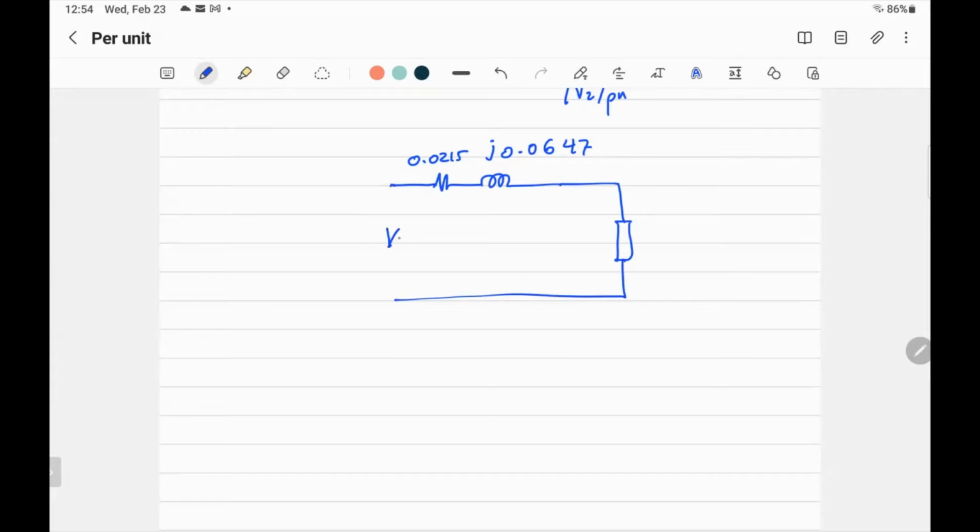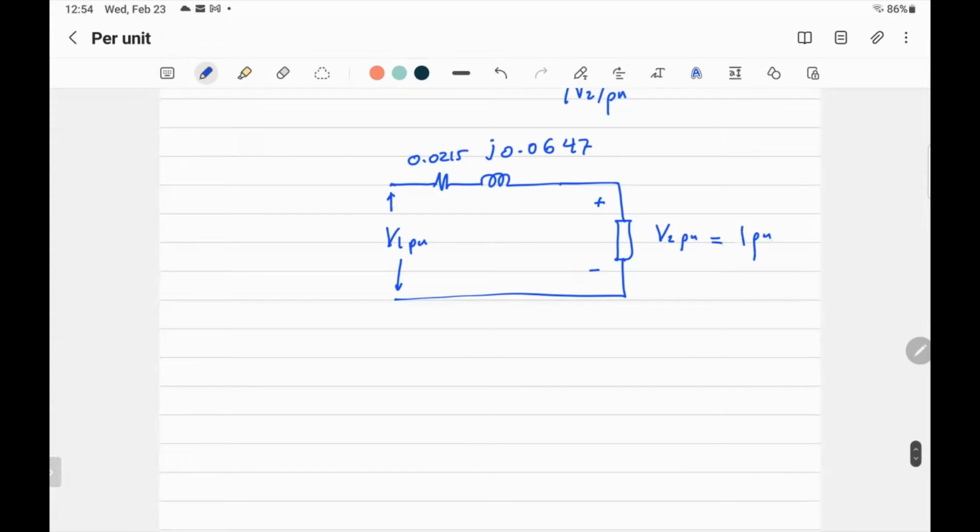That will be V1, and this V2 dash, I write V2 per unit. But they said at rated value of the voltage, it means that's equal to what? Once they say working at the same value as the base you chose, it's 1 per unit, because you divide the value by itself.